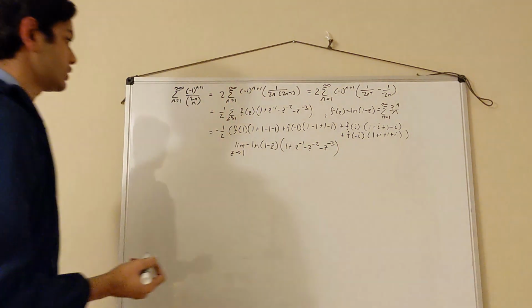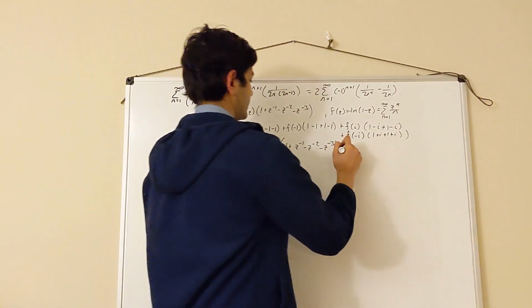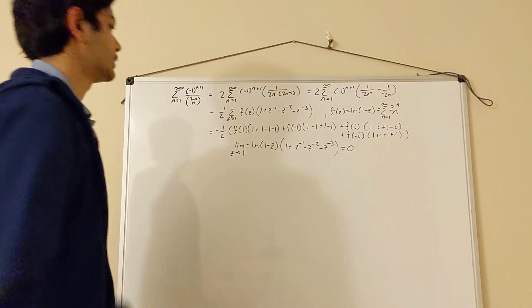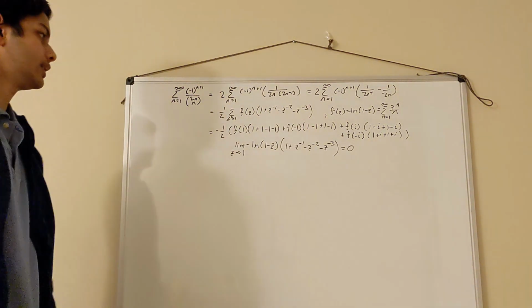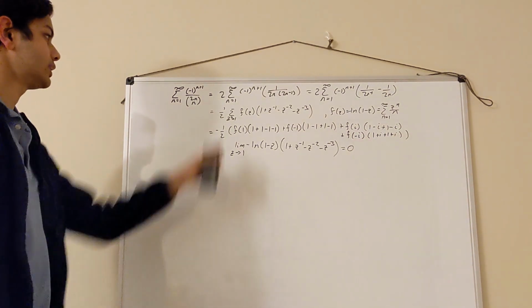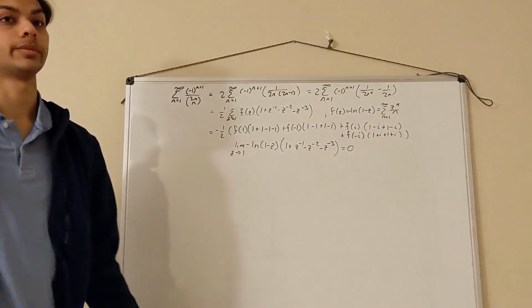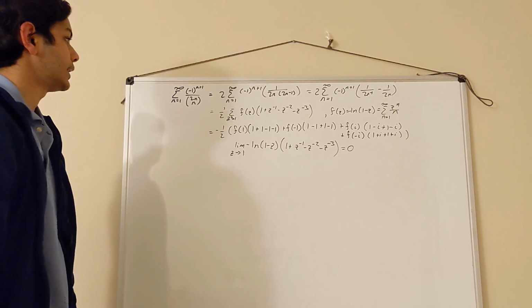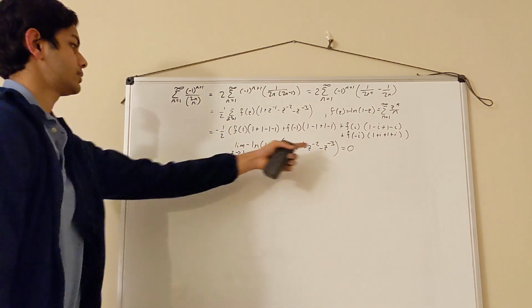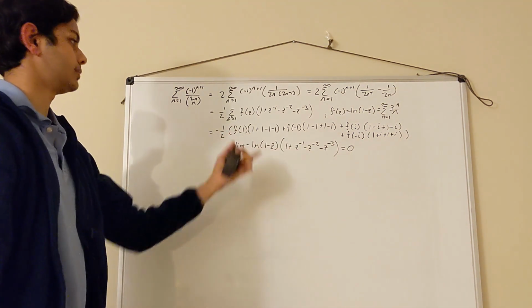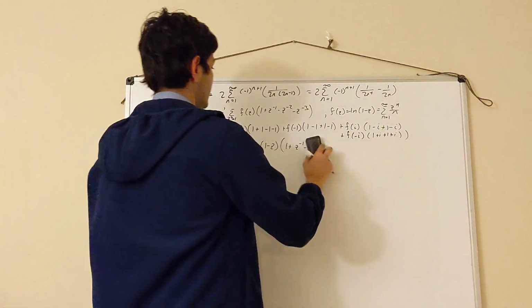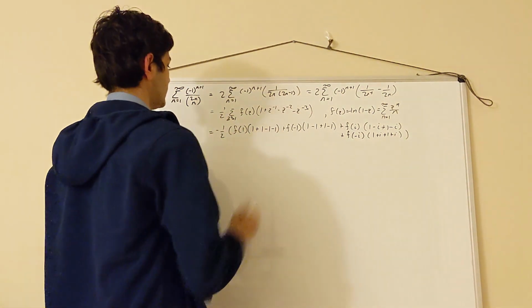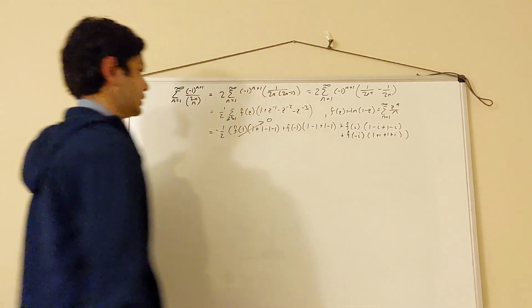I'll leave it as an exercise to you if you want to check that this actually evaluates to 0, which makes sense because none of these terms will end up being infinity, and the sum is presumably finite because they're asking it of you. And so this should be finite, and the only reasonable finite answer would be 0. Well, I guess that's not true, but 0 is nice. So this term we can ignore.